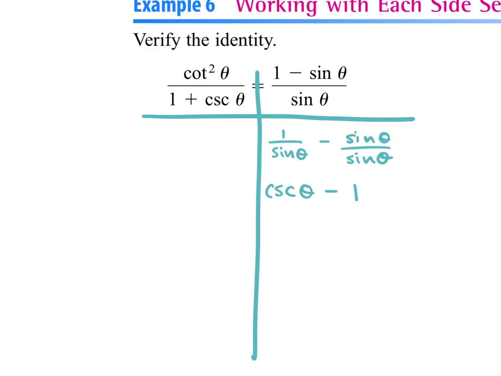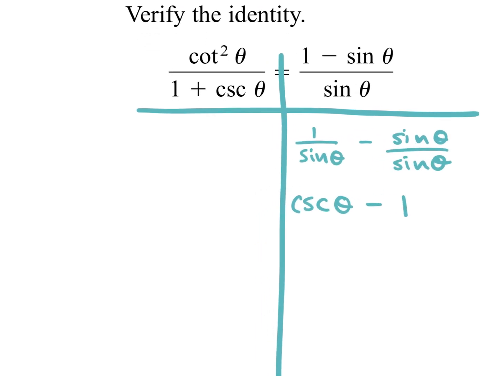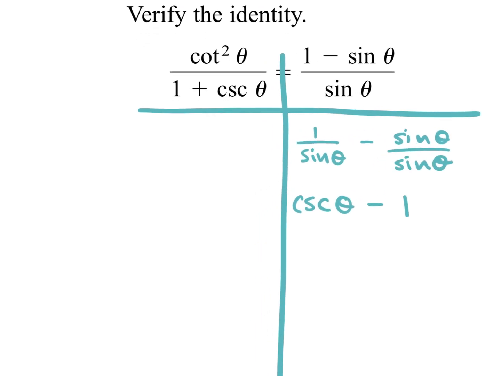We could pause here and let's look at the left side. Any ideas of what we could do with the left side? We can multiply by the conjugate, so 1 minus cosecant. So I'm not sure what my goal here is yet, what I'm really trying to do.